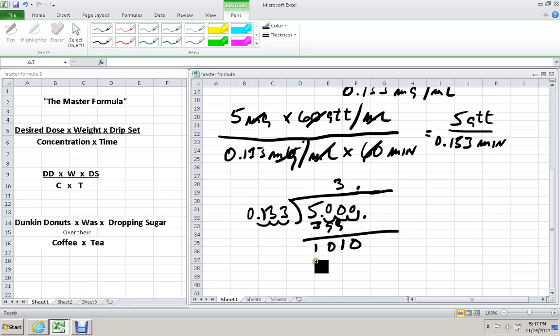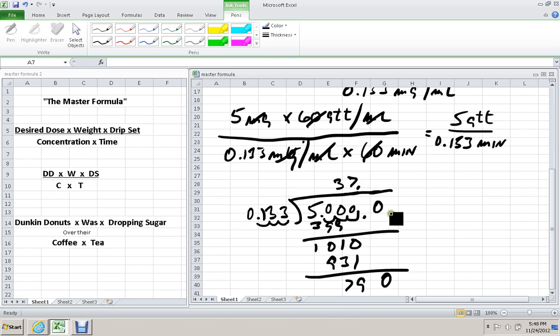101. It goes 133 goes 7 times into the 1010. That's let's see. That's 931. That's 0, 0, 9. Let's see. 3 from the 0 is 7 and 1.